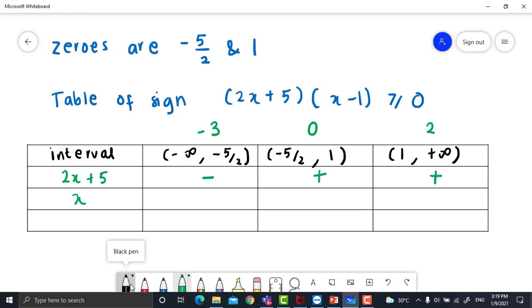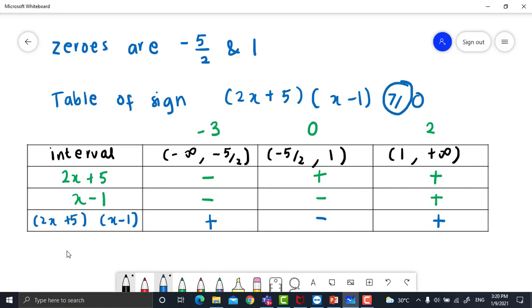Next factor, x minus 1. Negative 3 minus 1, negative. 0 minus 1, negative. 2 minus 1, positive. So 2x plus 5 multiply x minus 1: negative multiply negative, positive; positive multiply negative, negative; positive multiply positive, positive sign. So since the inequality is greater than equal to 0, we choose positive sign.